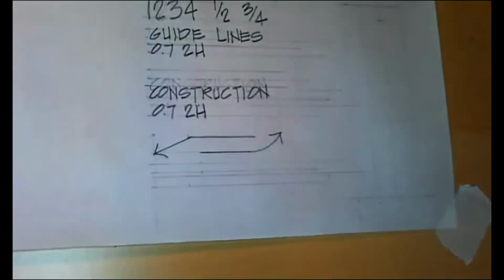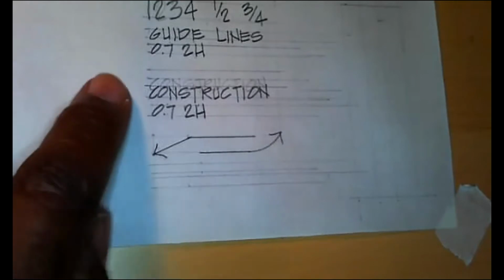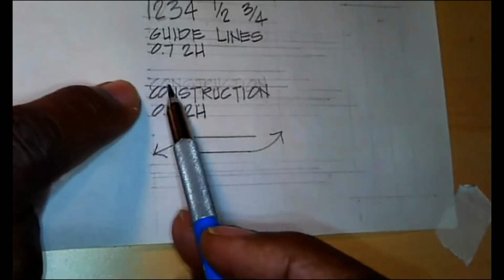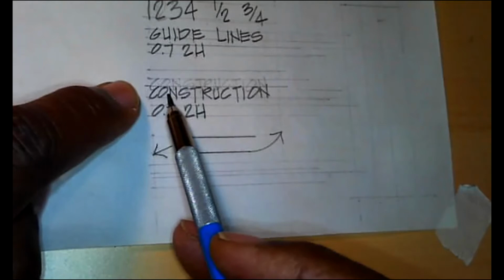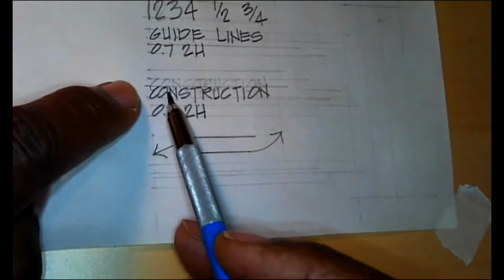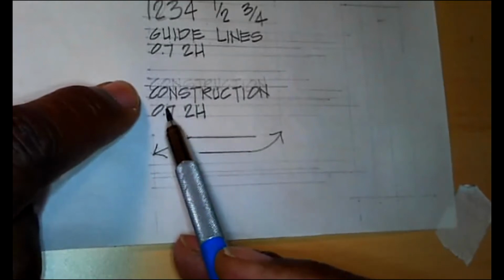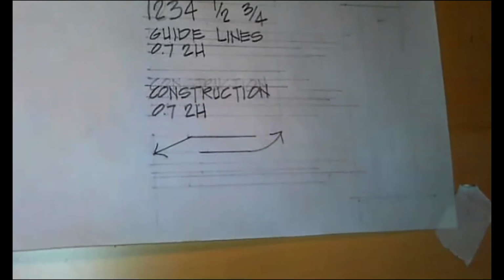Okay, now this is how it should be. Now, here is the actual construction line. See that right there? Then 1/8 of an inch space, and then I'll write the word construction at 1/8 of an inch high. Then 1/16, then 1/8 of an inch for 0.72 inch. Do you see it now?